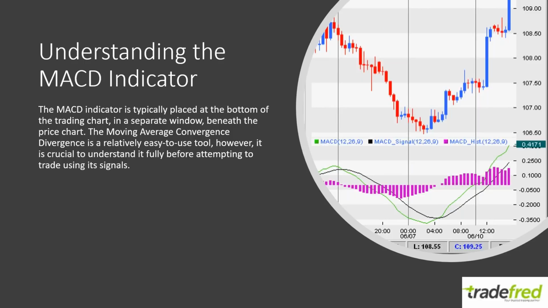Now, the moving average convergence divergence is a relatively easy tool. However, it is crucial to understand it fully before attempting to use its signals. The mathematical calculations to calculate MACD are not complicated. And once you understand where each line and each calculation comes from, you'll be able to spot false signals and good signals.